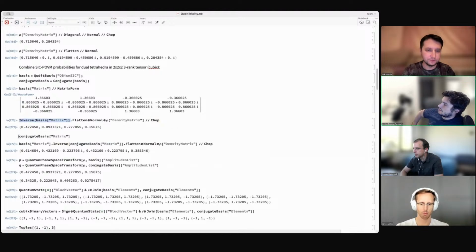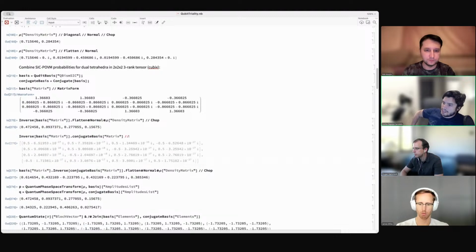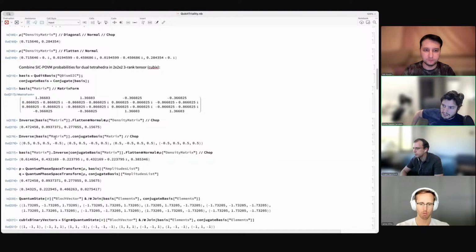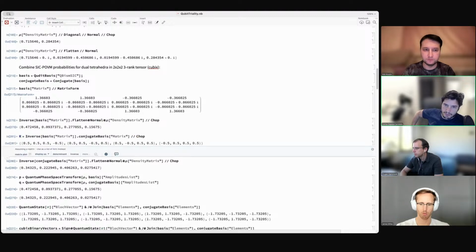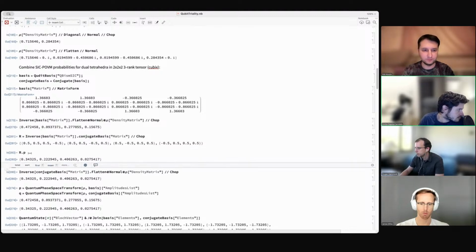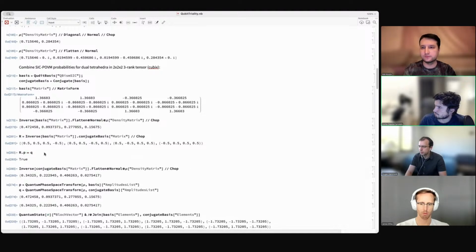Right. So this is interesting because the space of 2x2 Hermitian complex matrices is 3 real dimensional, right? Yeah. It's still a vector space.